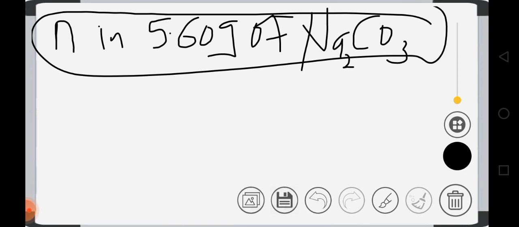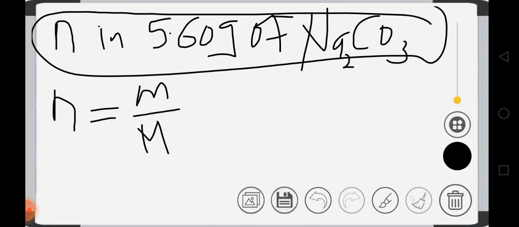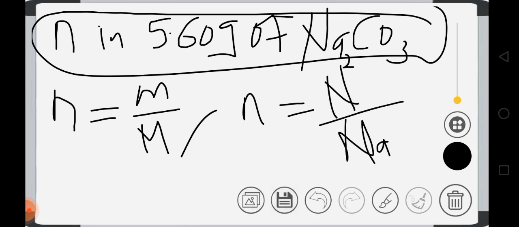So what are we going to do here now? Remember, I told you that the number of moles, which is the amount of substance, is equal to mass over molar mass, from the first video we did. They also said the number of moles is equal to the number of particles divided by Avogadro's number.